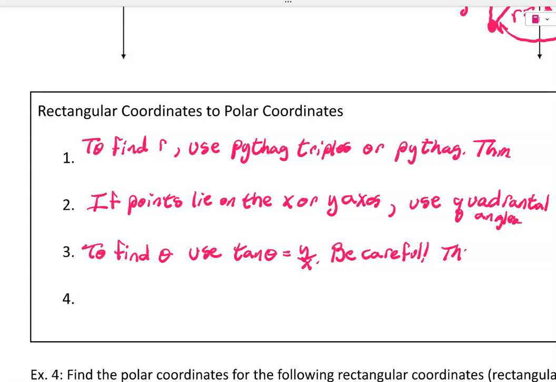The angle may be the reference angle, and that's inside the triangle.